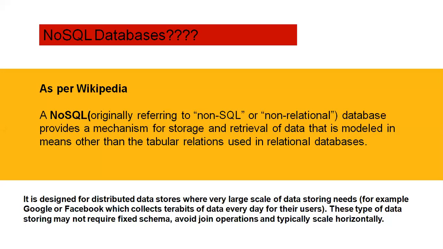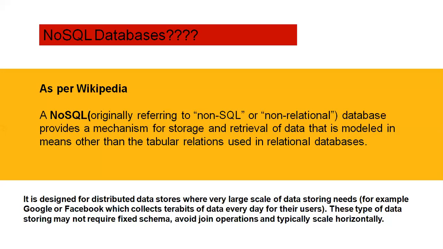So as per Wikipedia, NoSQL originally refers to non-SQL or non-relational database. It provides a mechanism for storage and retrieval of data that is modeled in means other than the tabular relations used in relational databases.